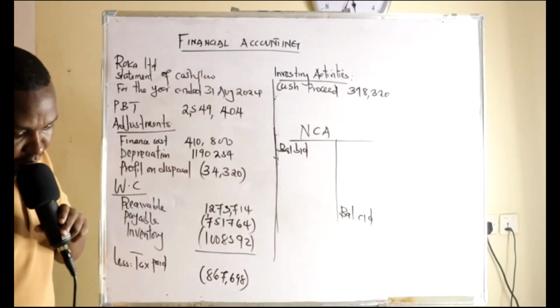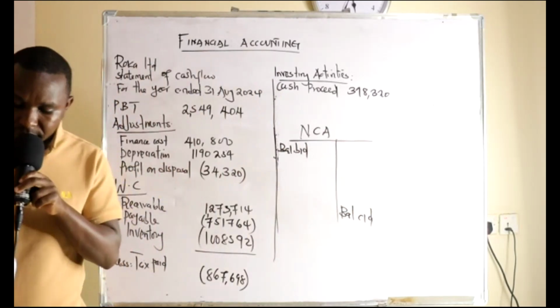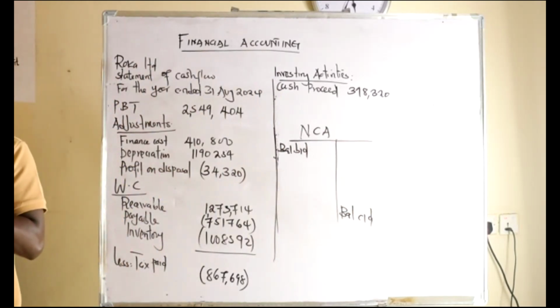So go to the balance sheet element, which we have non-current assets.